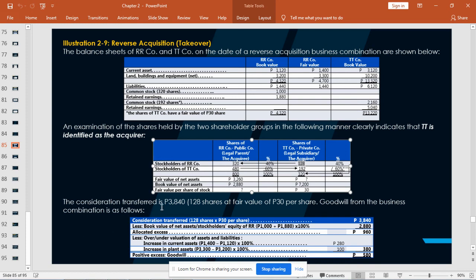So the consideration transferred is 3,840.